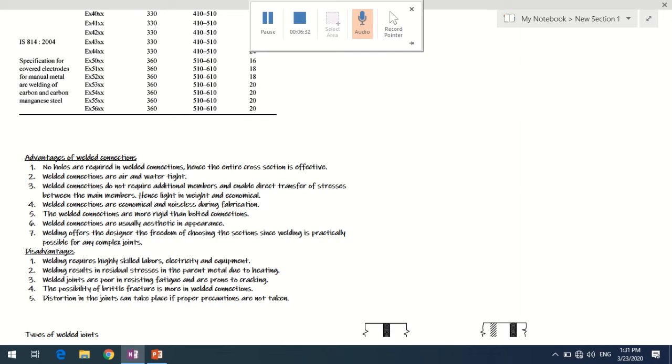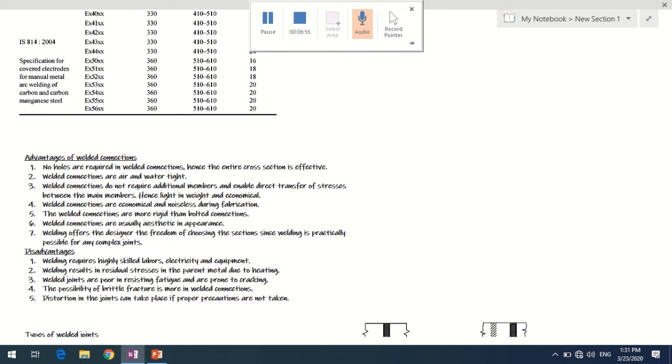So that is the second disadvantage. And welds are poor in resisting fatigue loads, and when they encounter such fatigue loads, that normally results in cracks in the welds, which is one of the defects of welds. So that is a disadvantage we come across.